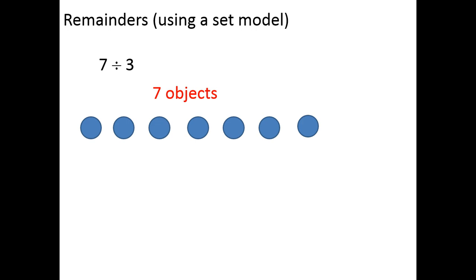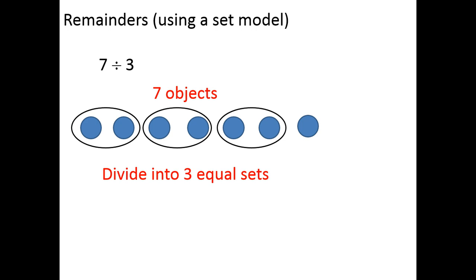So how do we explain this idea of remainders when we do division? One way is by using a set model. So let's say we wanted to take 7 and divide it by 3. Remember, in a set model, we start with a number of objects, in this case 7, and we're trying to divide this into 3 equal sets because we're dividing by 3.